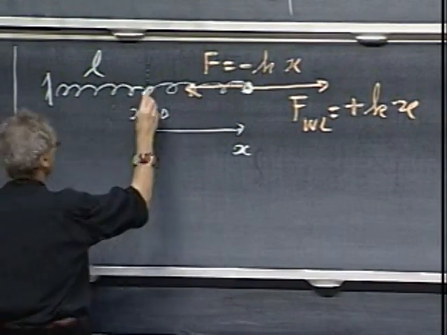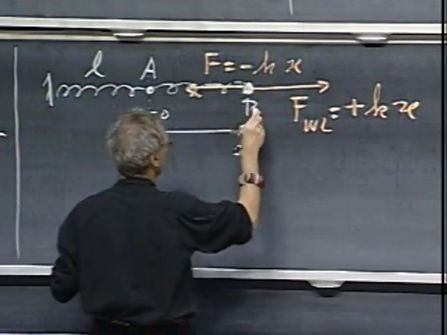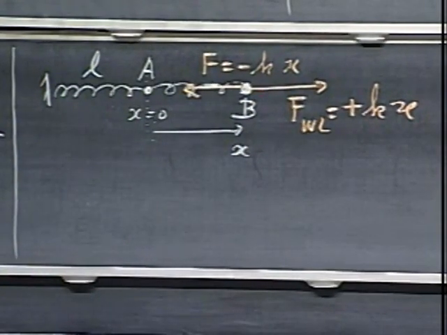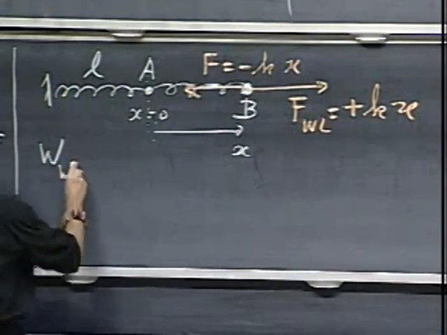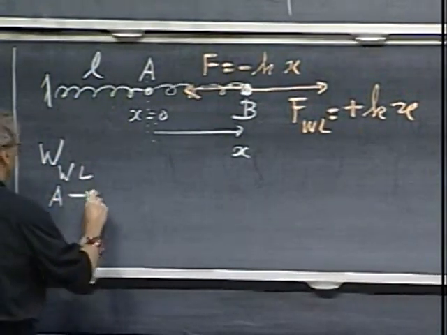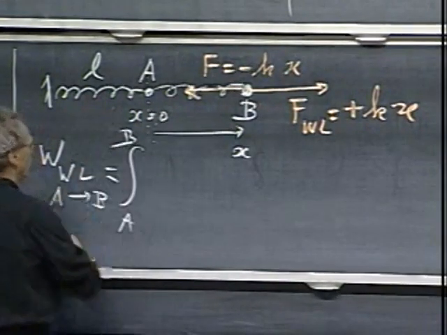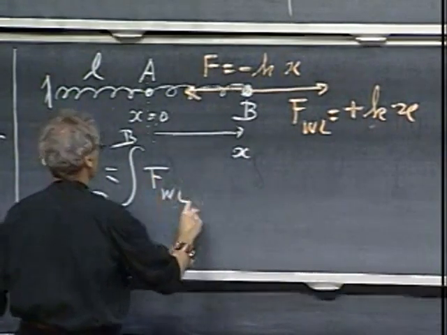If I call this point A at x equals 0, and I call this point B at x equals x, then I can calculate the work that I have to do to bring it from A to B. So the work that Walter Lewin has to do is the integral from A to B of my force dx.